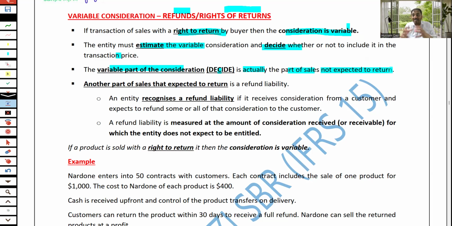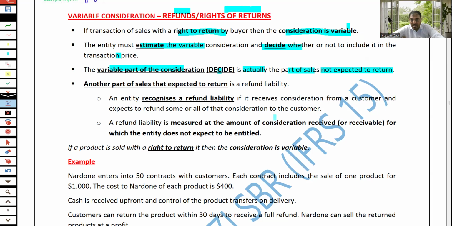So here we need to consider that part of the sale that is not expected to return. We need to assess how many units. If you are a seller and you have sold me 500 units, you need to assess how much is not expected to return. That part of the goods not expected to return is considered variable. You need to assess that point, how much is the part not expected to return, as part of my transaction price. This is important.